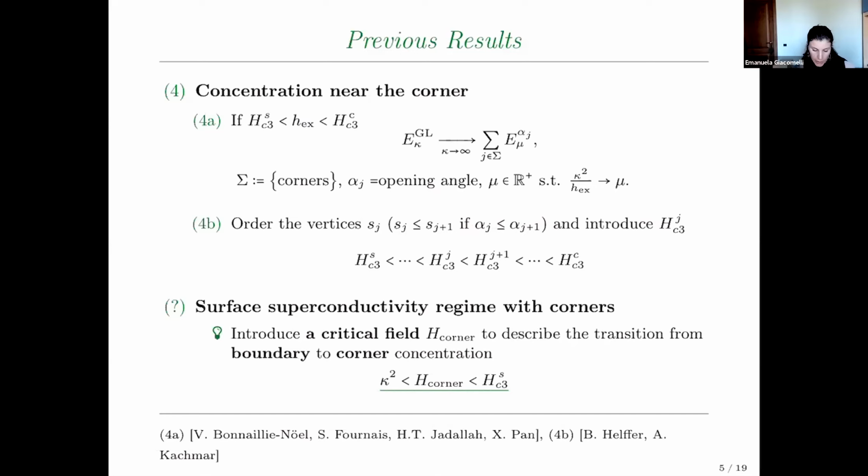And then what we did was to try to look at what happens in the surface superconductivity regime in the case in which you have corners along the boundary.